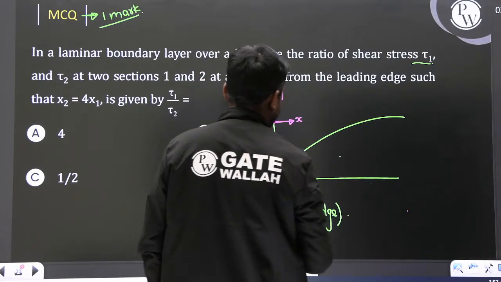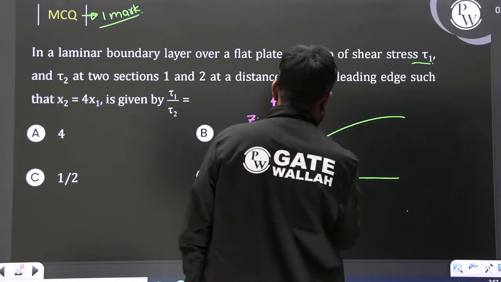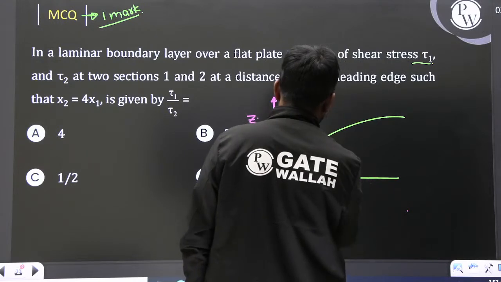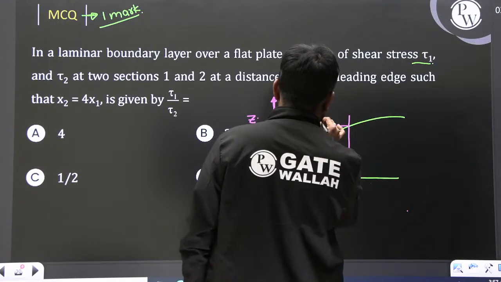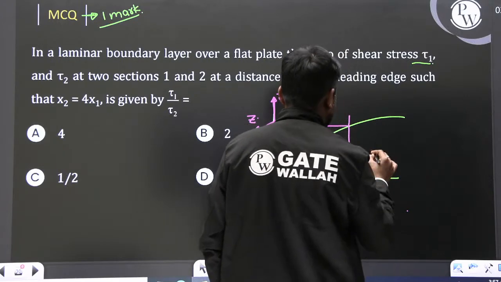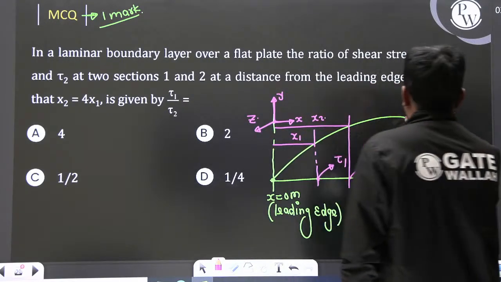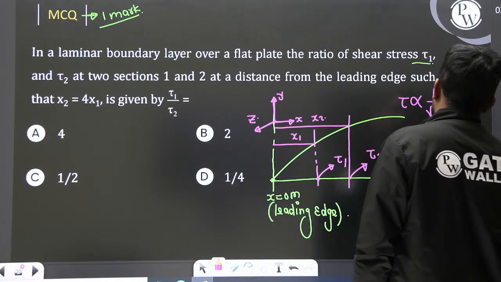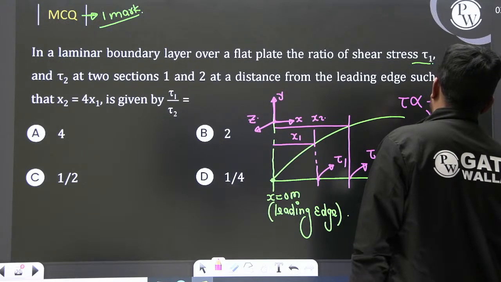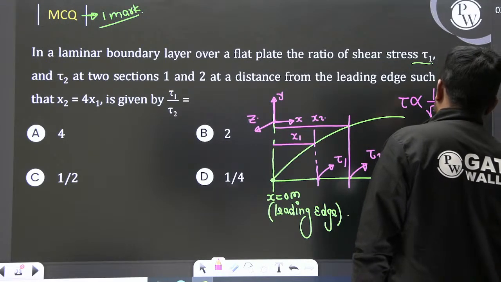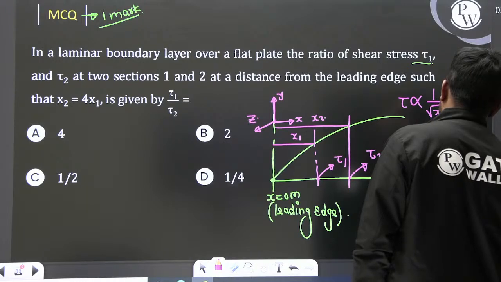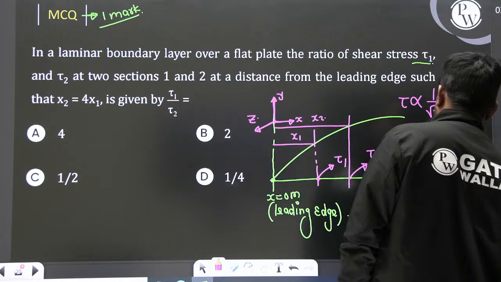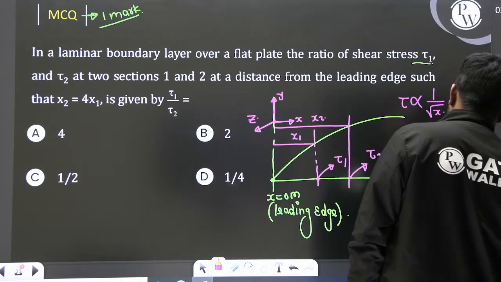So at any distance, you can say x1, the wall shear is tau 1, and at some other distance x2, that wall shear is tau 2. Okay? And from boundary layer concept, we know that tau is inversely proportional to under root x. Tau 1 is inversely proportional to under root x1 and tau 2 inversely proportional to under root x2. And tau 1 by tau 2 is what? That is under root x2 by x1.